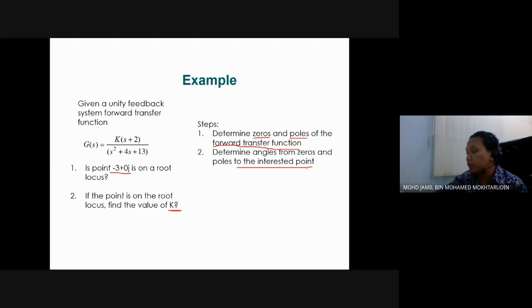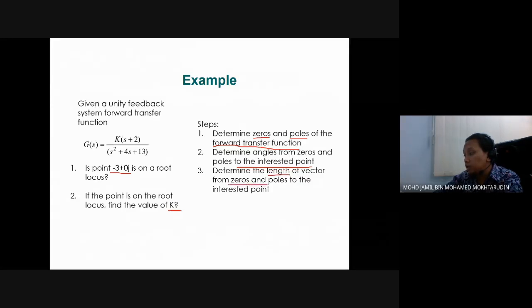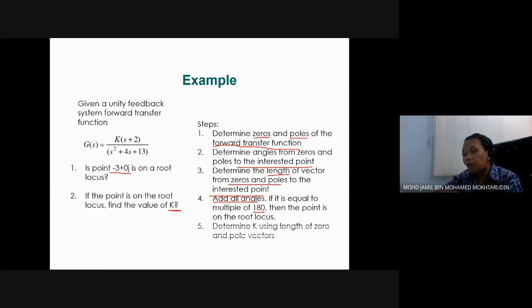Third, calculate the length of the vector from zeros and poles to the point of interest. Then you add all the angles. If it is a multiple of 180, then the point is on the root locus. And lastly, to determine K, you use the lengths of the zero and pole vectors. Let's look at how to answer this question.